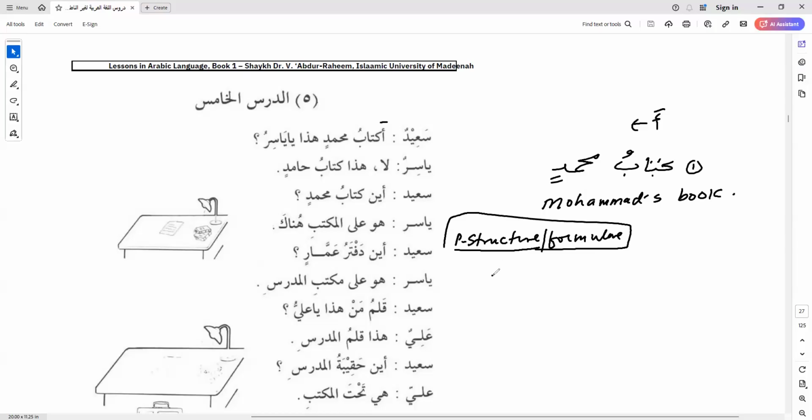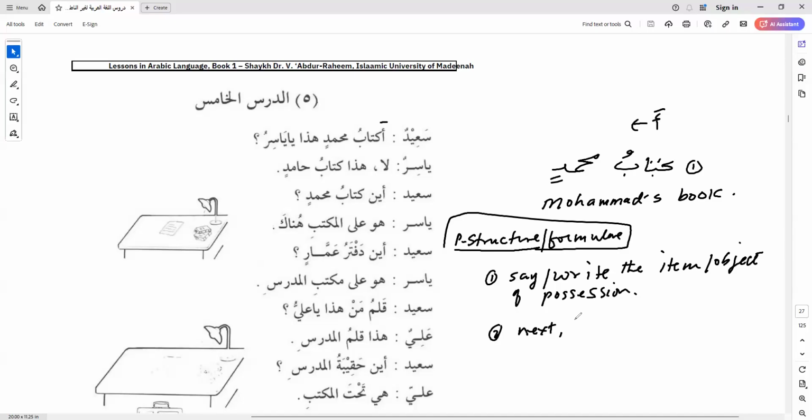The formula is first, say or write the item or the object of possession, right? So in this instance, it is the book. So you have to write kitab, right? And now next you write the possessor. That's the owner.